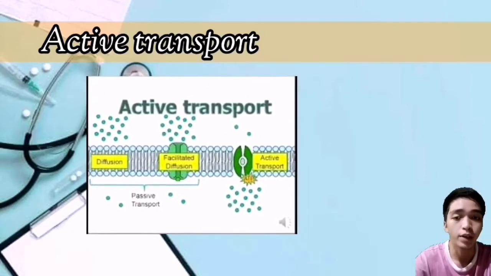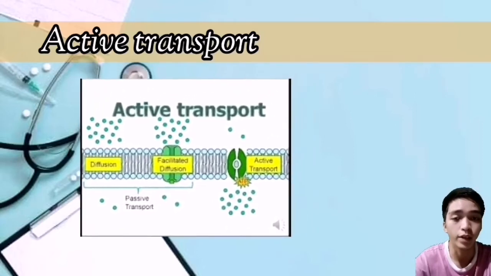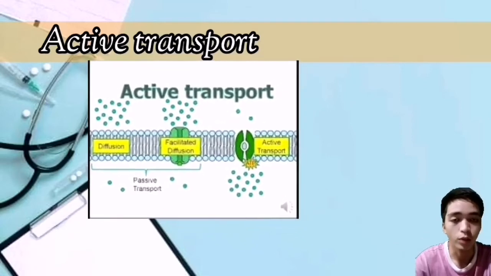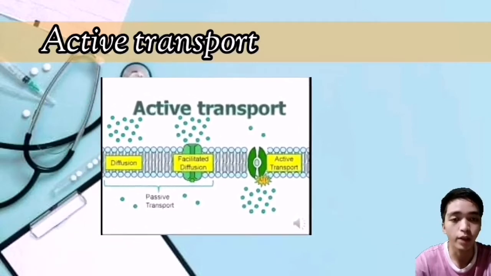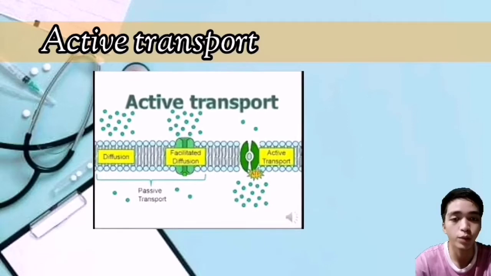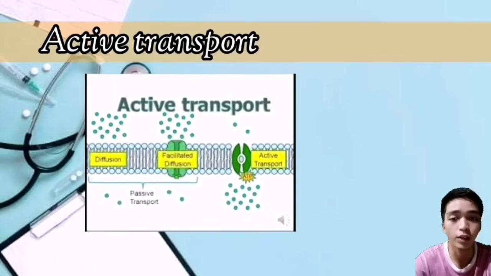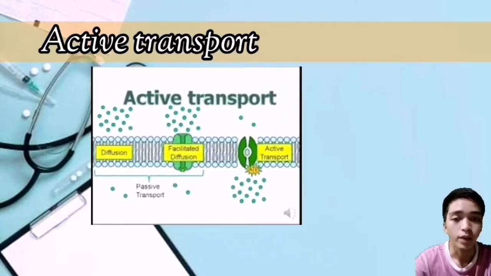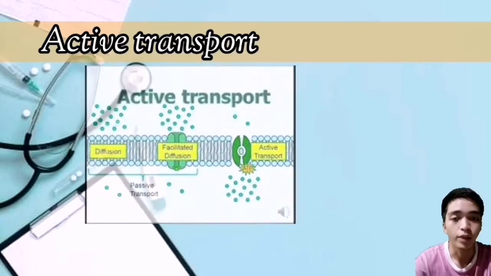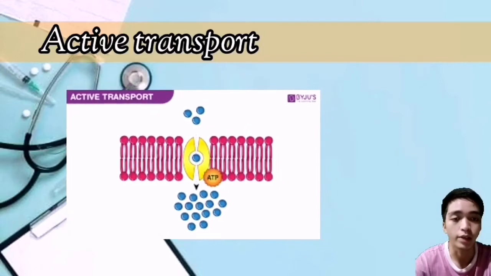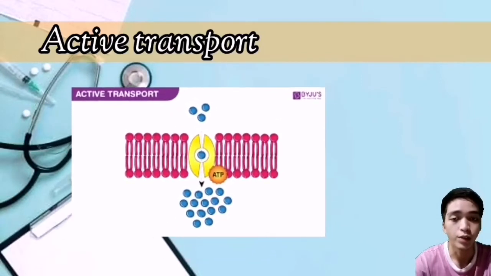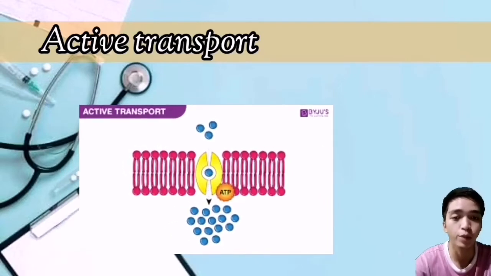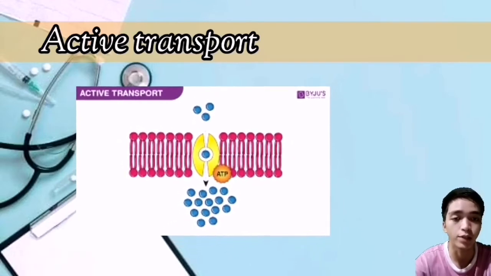There are two forms of secondary active transport: co-transport and counter-transport. With co-transport, the molecule or ion with a higher concentration outside the cell creates a storehouse of energy that will be used for its transport into the cell.